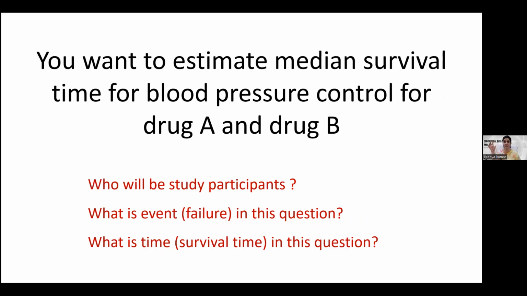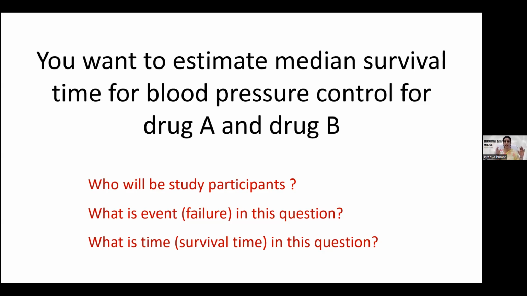So don't go by this word failure. If it is a positive thing, then by definition we still call it a failure. So this event is those who achieved control. Yes, control in hypertension will be the event, and those people who did not have this control, they survived.